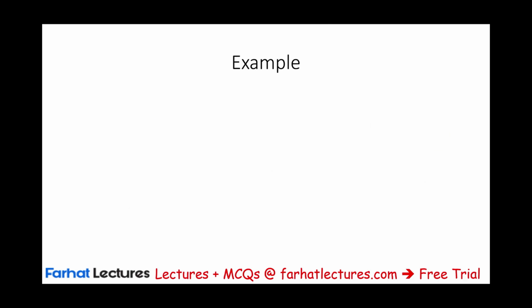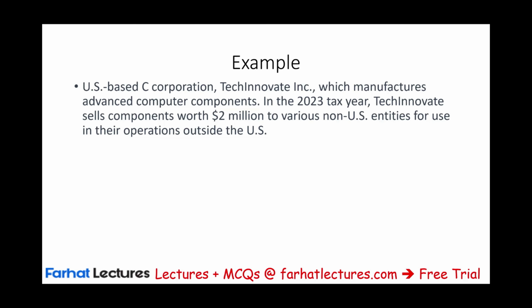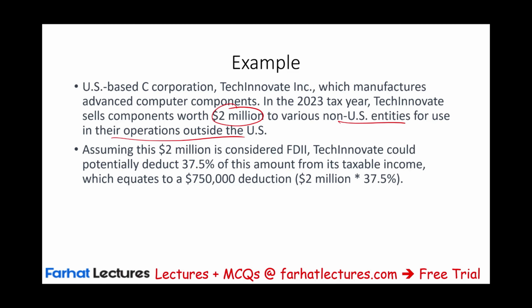So let's take a look at an example to see how this works in the real world. Let's assume we have a US-based C corporation, Tech Innovate, which manufactures advanced computer components. In 2023, Tech Innovate sells $2 million to various non-U.S. entities for operation outside the U.S. Assume the $2 million is considered FDII, as it meets the qualification. If we take this amount times 37.5%, we have a deduction of $750,000.